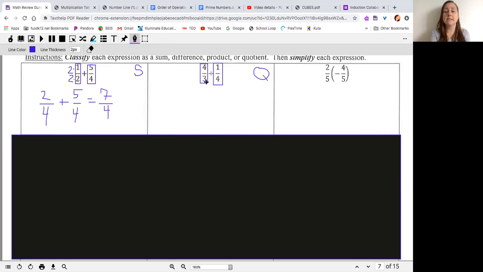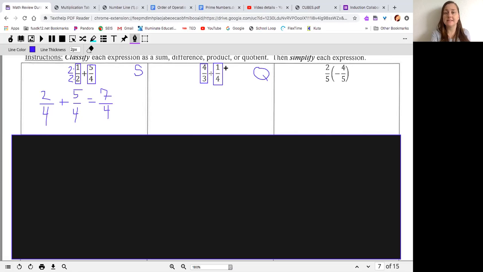Now, the denominators do not match, but do they have to match? We need to think back. And we also made rap songs or poems. Some people made different types of songs to try and remember the steps. So when we multiply and divide, the denominators do not need to match.